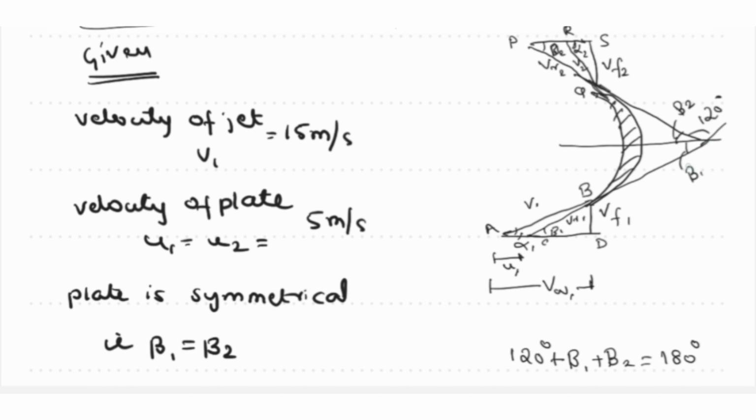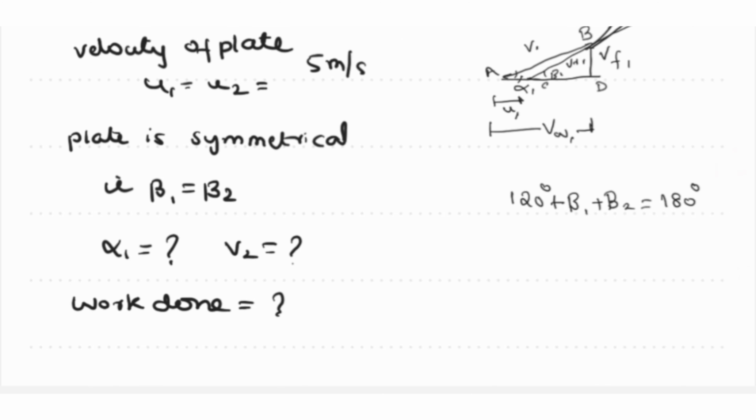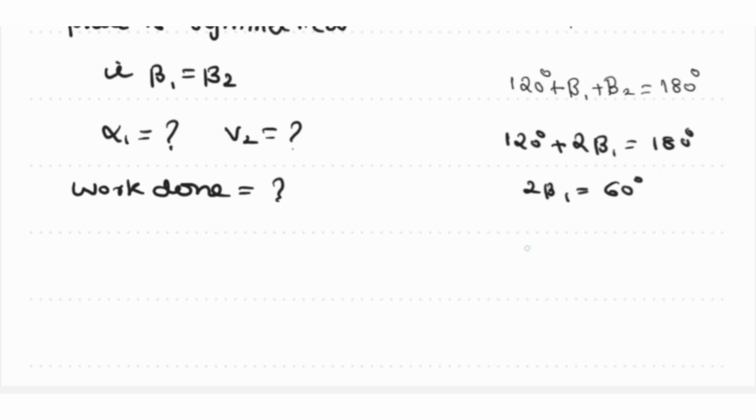So 120 plus 2 times beta 1 is equal to 180 degree. So 2 beta 1 is equal to 180 minus 120, which is 60 degree. Therefore beta 1 is equal to beta 2 is equal to 30 degree.